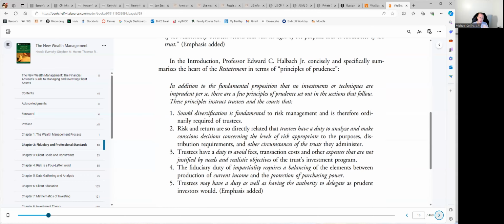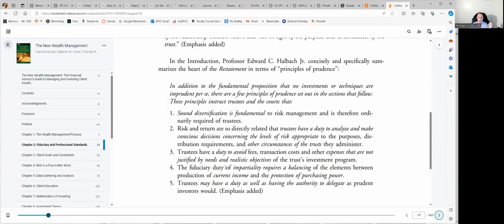The principles of prudence, there are 5 of them. Sound diversification, risk and return are so directly related that trustees have a duty to analyze and make conscious decisions concerning the levels of appropriate risk. Also, trustees have a duty to avoid fees.